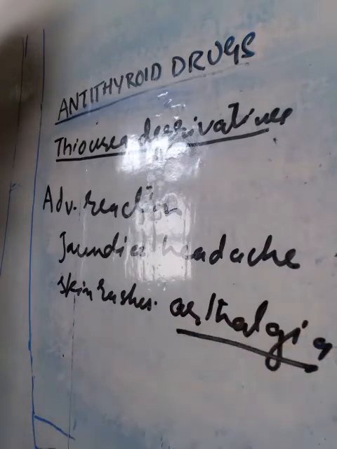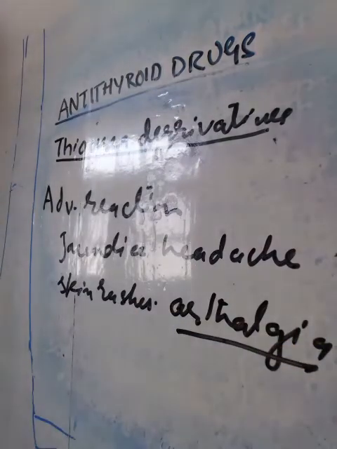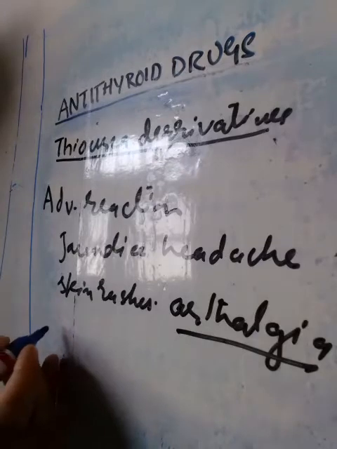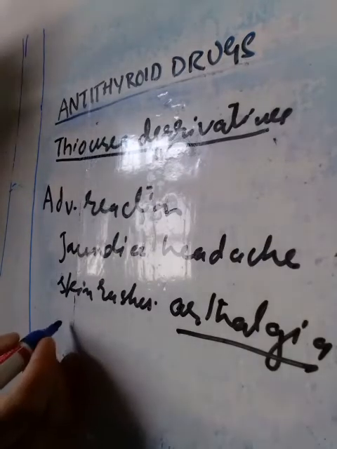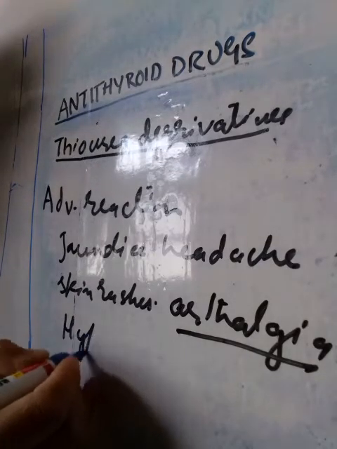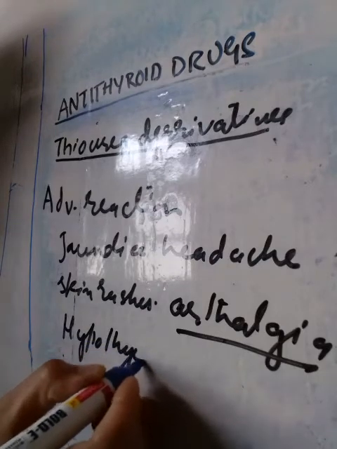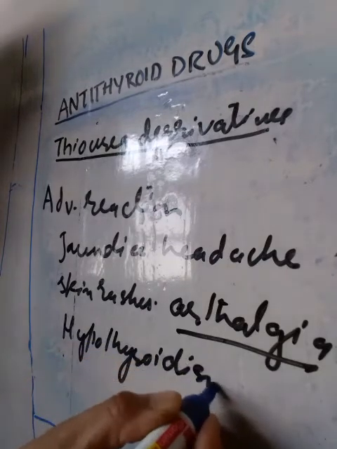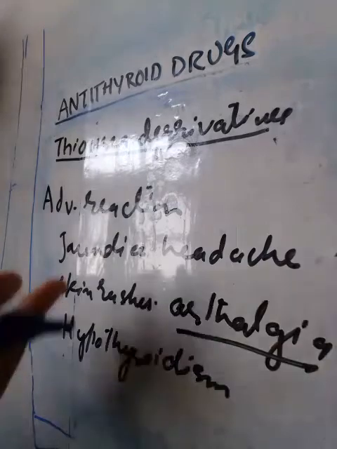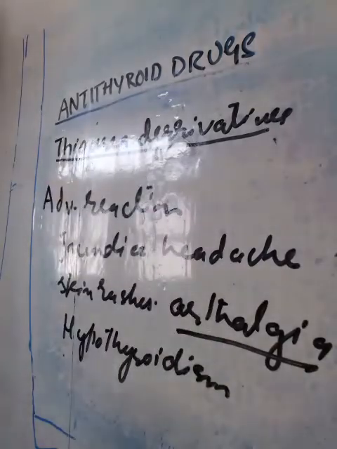Arthralgia is joint pain or joint stiffness. Adverse reactions also include hypothyroidism. These are the common adverse reactions with these drugs.